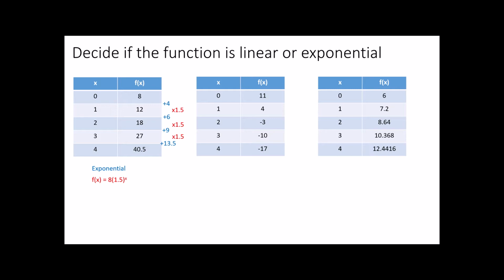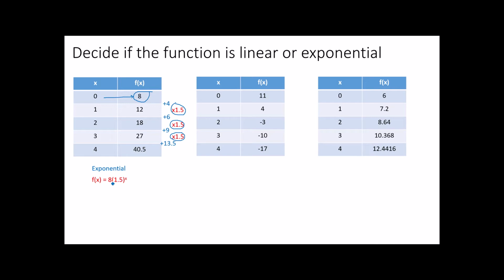And I can go one step farther, and I can tell you that this is going to be 8 times 1.5 to the x. Now, some of you are probably wondering how I knew that. Well, when I go through here, this says I started off at 8, and then I repeatedly multiplied by 1.5. 8 times 1.5 is 12. 12 times 1.5 is 18. 18 times 1.5 is 27, and 27 times 1.5 is 40.5.